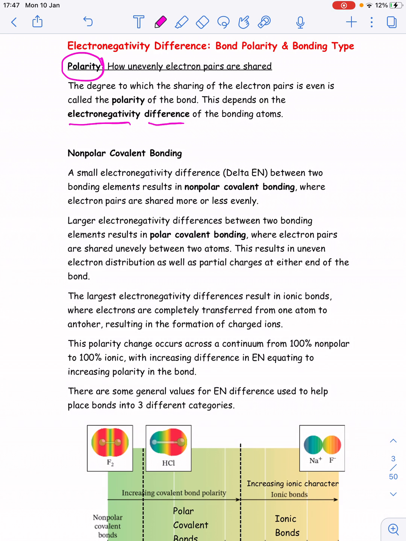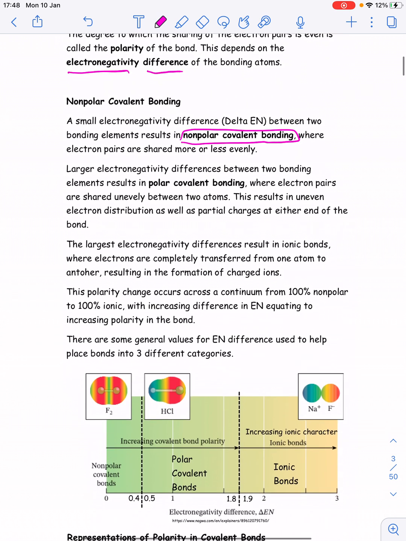So if two atoms that are bonding have almost the exact same electronegativity, or in fact they do have the exact same electronegativity, then they end up sharing the electron pair completely evenly, 100% covalent sharing. And that's what's called a nonpolar covalent bond, where the electron pairs are shared more or less evenly.